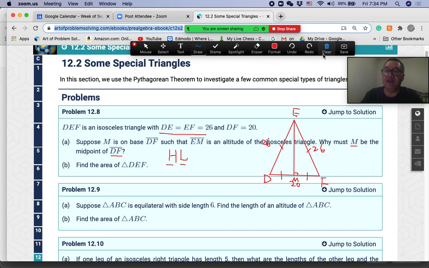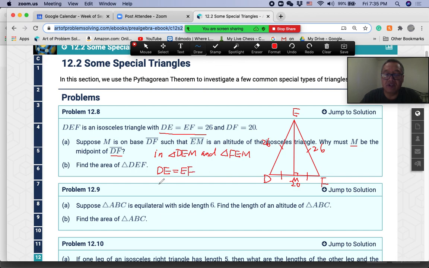So if we write this proof out, you can do it this way. In triangle DEM and triangle FEM, DE equals EF.